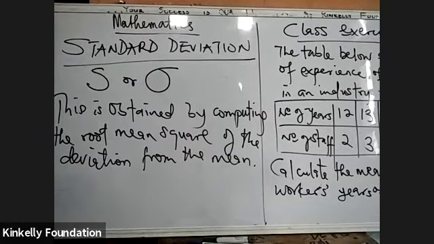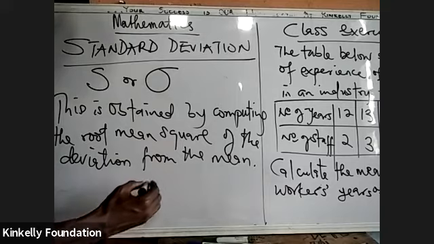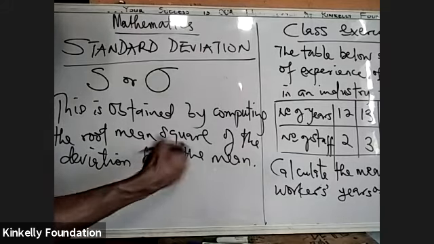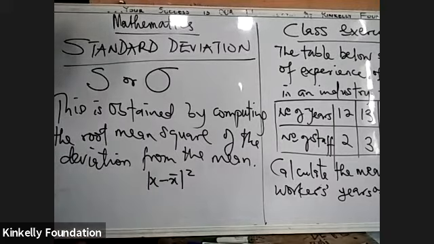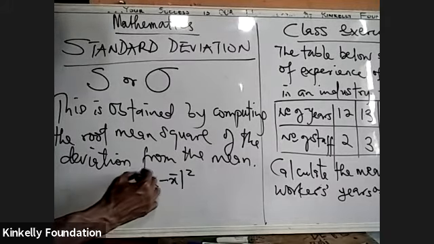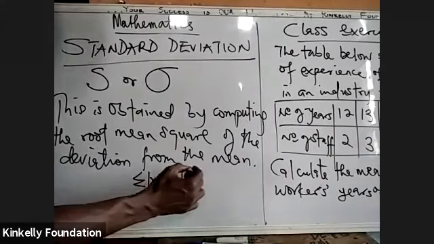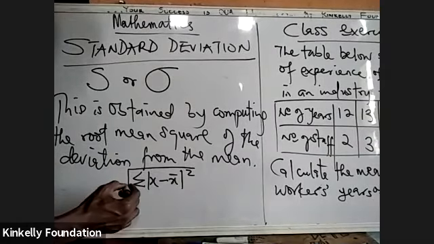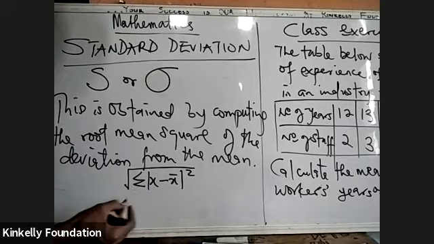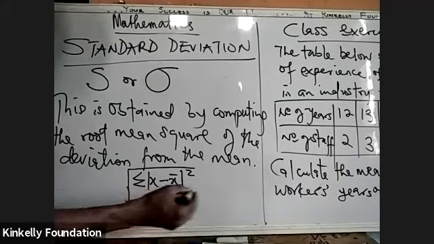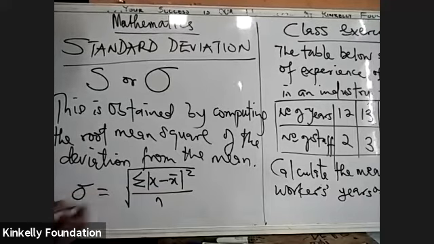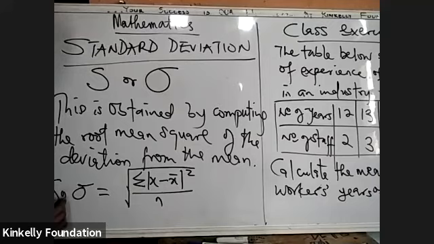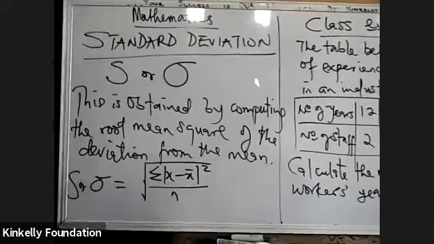Now, what does it mean? The square of this deviation is this. The summation of it, when you now get the root of it, bring this down all over N. This is what we call the standard deviation. So this is the standard deviation.